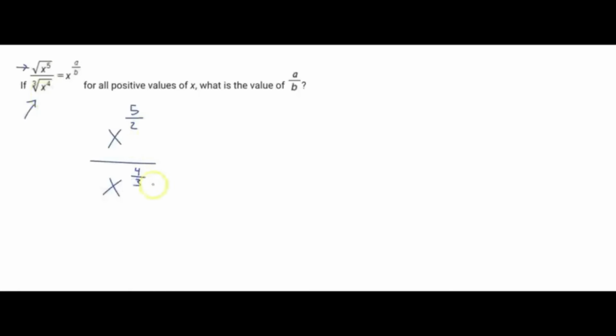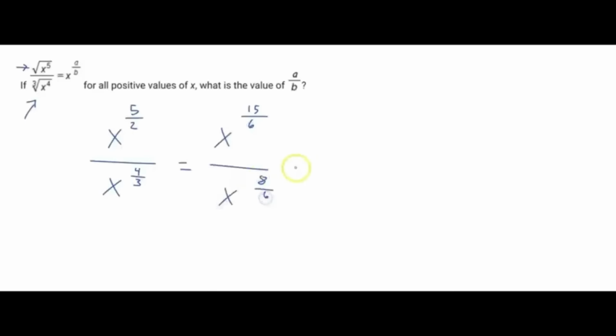And so now we want to find a common denominator here between 5 halves and 4 thirds. And so we can just multiply this by 3 and this by 2. So you get 15 sixths. And then we multiply this by 2, so you get 8 sixths.